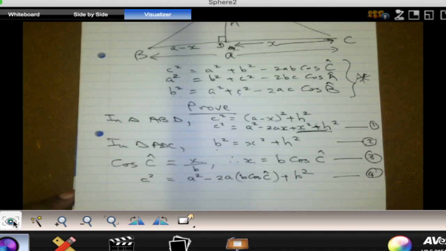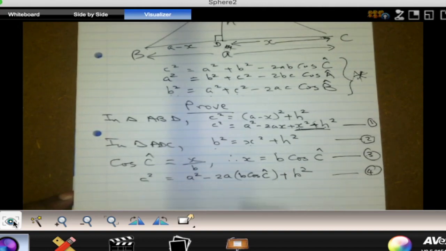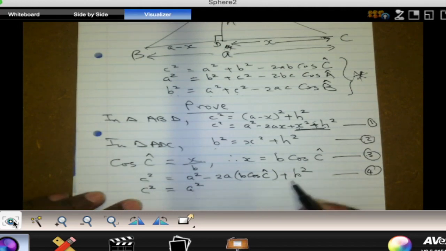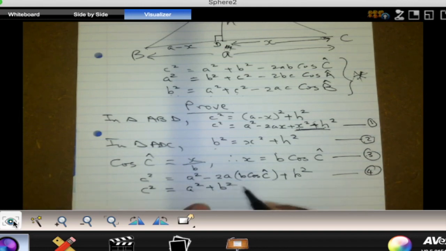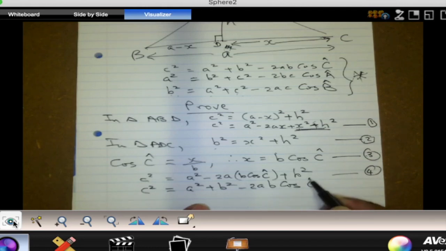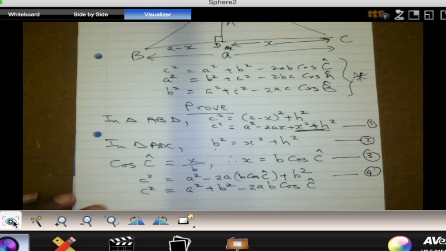That is actually the cosine rule, but let's rearrange it and make it easy to understand. So if you rearrange that, then you get c squared is equal to a squared plus b squared, and then if I remove those brackets, I get minus 2ab cosine of angle C. And we've got the formula.